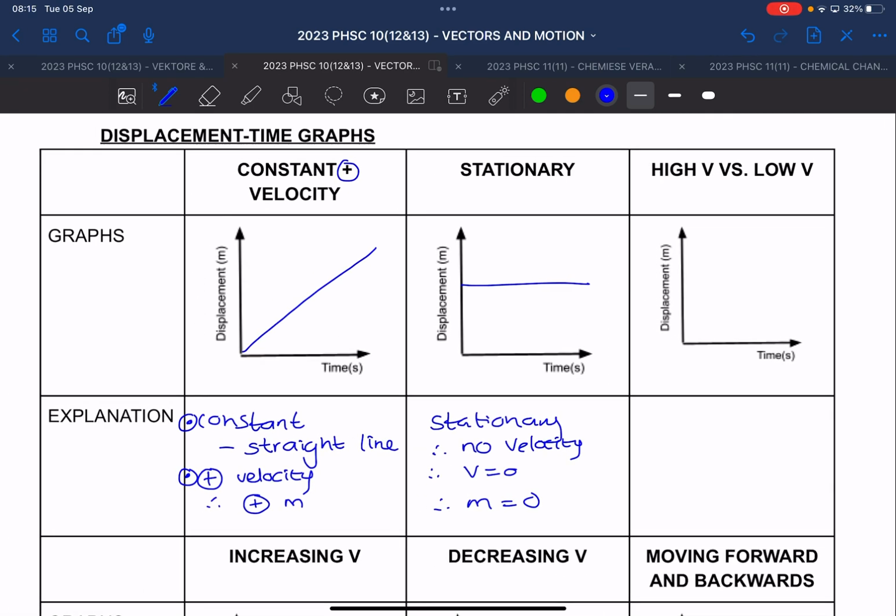Then we have a high velocity compared to a low velocity. Now, I say a high positive velocity compared to a low positive velocity. So both are positive, but the one is a high velocity, the one is a low velocity. Zora, how will that change in the graph? Like, how do we show or indicate that it is different?